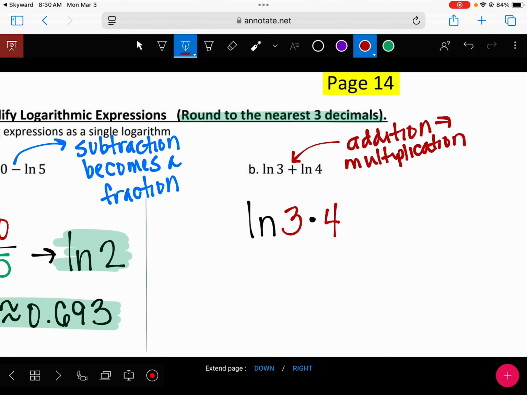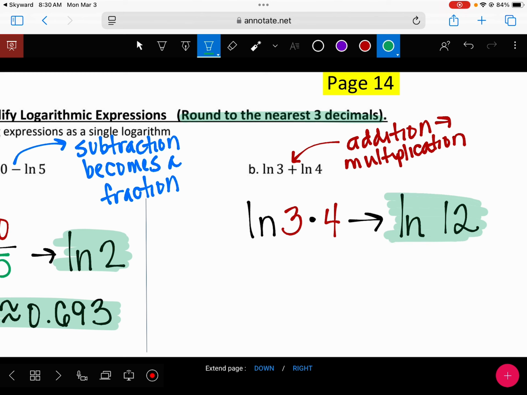And what is 3 times 4? 12. Go ahead and type that in your calculator. So this is part 1 of your answer. Part 2, type it in. Hit the ln key. 12, hit enter. And you should get that it's approximately equal to 2.485. And that would be your final answer.